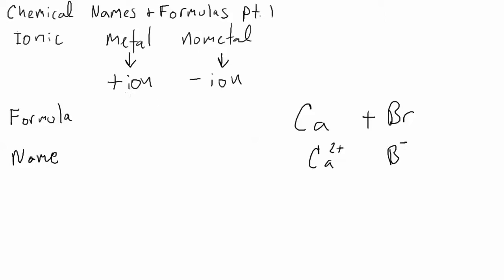The easiest way to come up with the formula for an ionic compound is the same trick that I taught you when we learned about these charges and oxidation numbers. And that is to take the number that's associated with each one and switch it. And then that tells you how much of the element that you need.